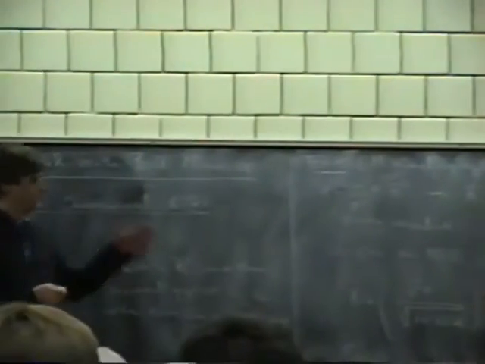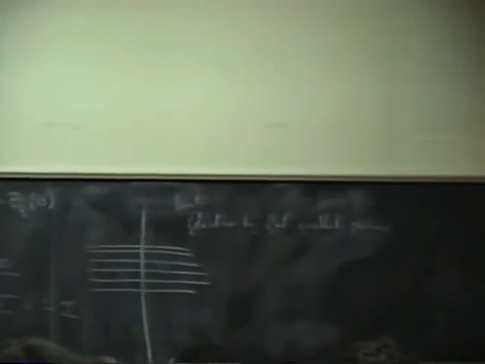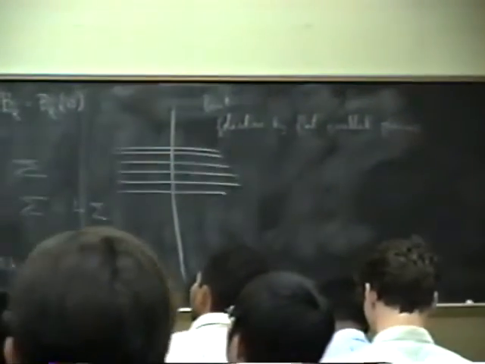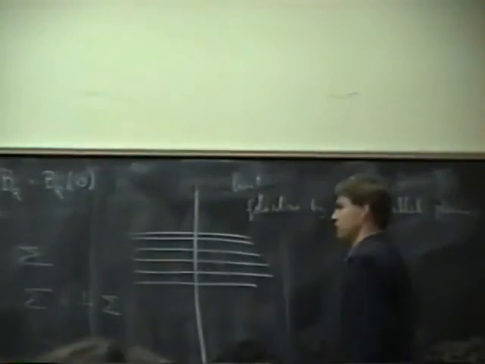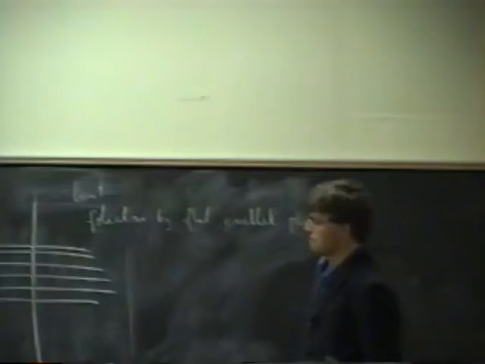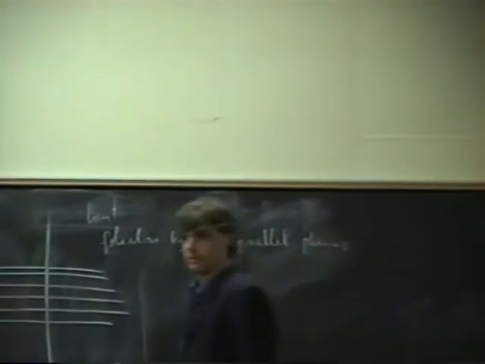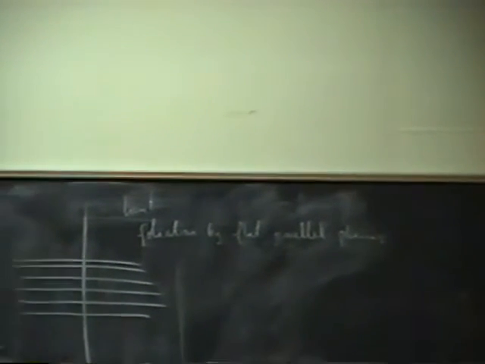And in the limit, all you get is a foliation by parallel planes. I'm going to go into much more detail about what all this means, but that's in words the main thing.